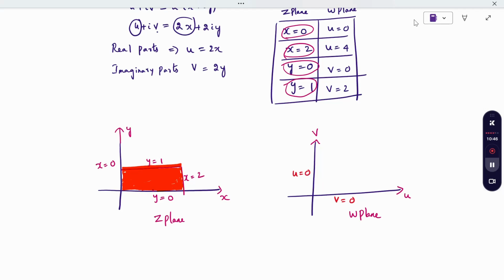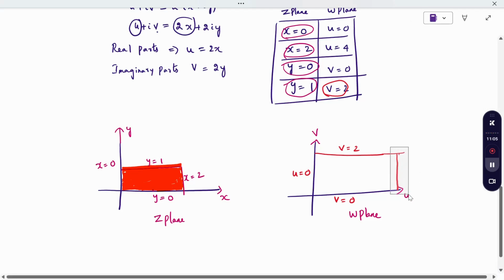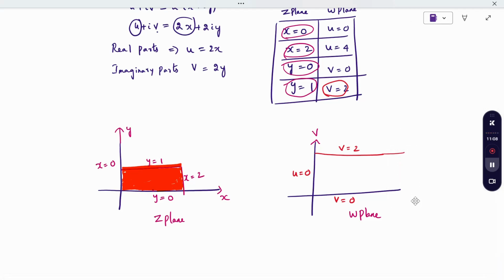It is mentioned v equal to 2, a little bigger, so v equal to 2 here. And u equal to 4, which means a little bigger, till here, till the end. Or you can extend and draw, no problem at all. I will erase and draw so that you know the shape. It's a little bigger. This is u equal to 4. Now shade it.